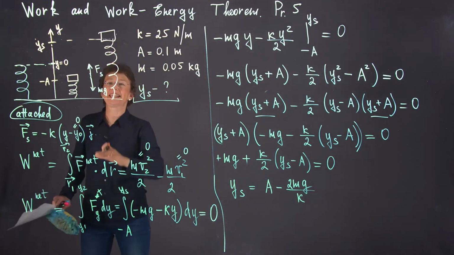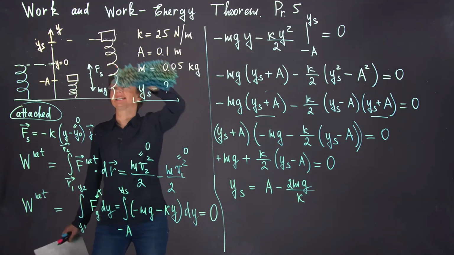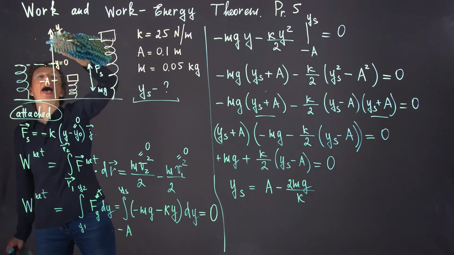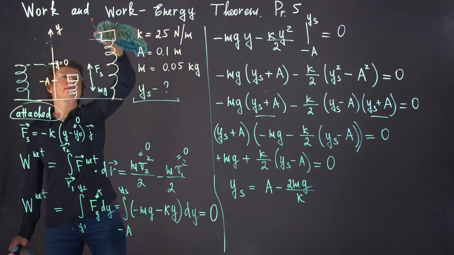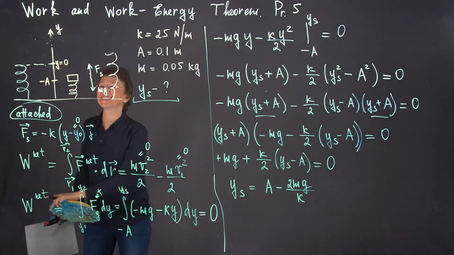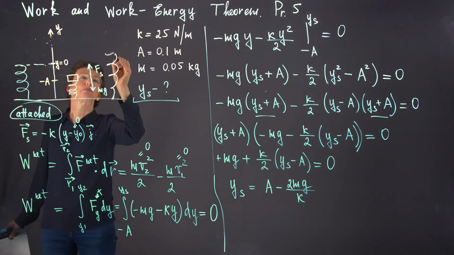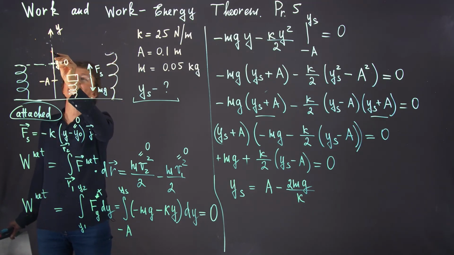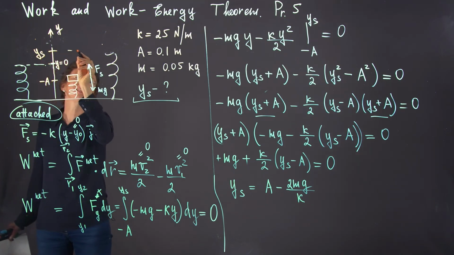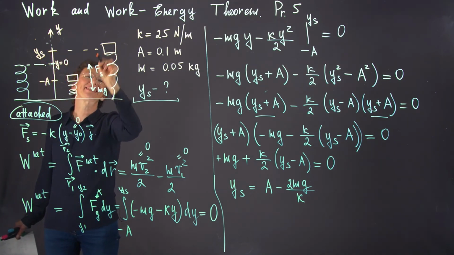This picture is definitely not up to the scale. Let's correct it. So what I want, obviously, ys has to be smaller than a. It is a minus something. So we will stop right here, somewhere here. This picture is not up to the scale still, but now looks better to me.